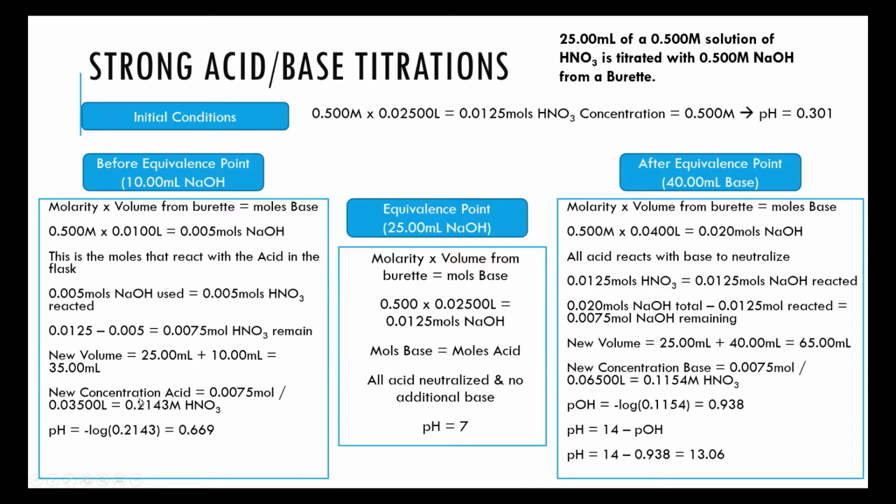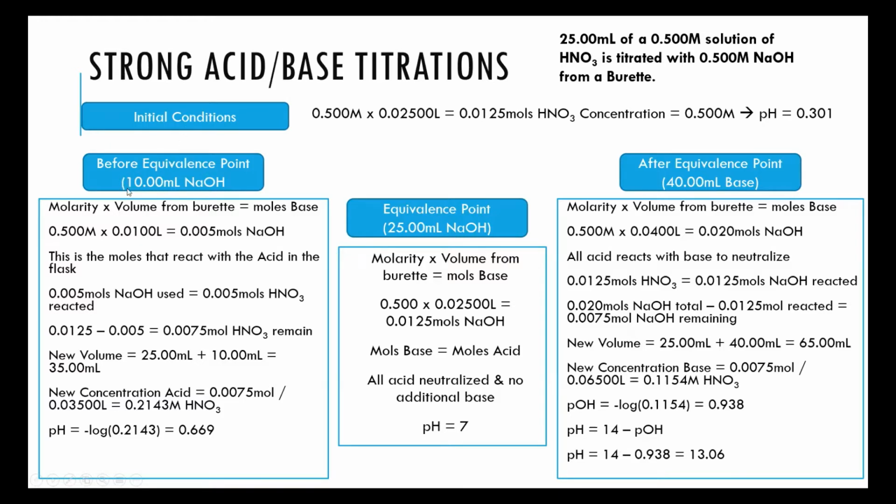The next step along a titration curve is the values before the equivalence point. So each time you need to determine how many moles of base are added.